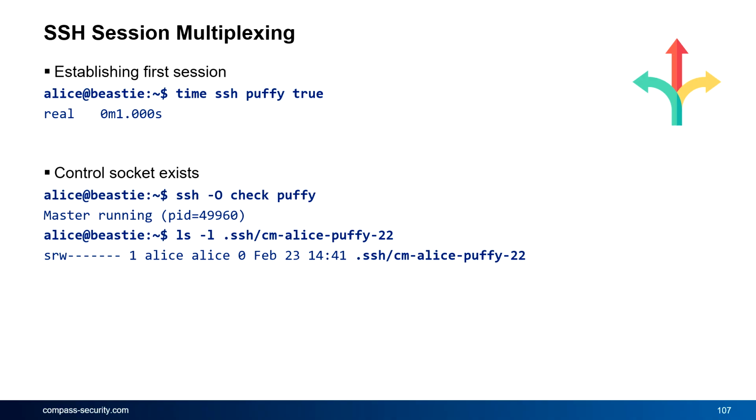Now with the -O option, we can speak to the process used for session multiplexing, and with the check command, we can ask if there is a session multiplexing process running at the moment, and we can see that this is the case. And this process also created a socket file in Alice's .ssh directory according to her SSH client configuration.